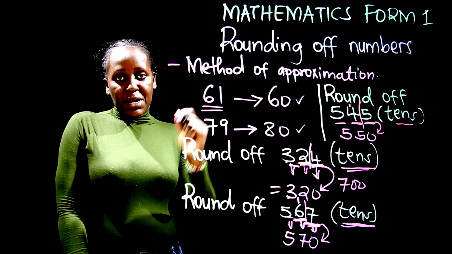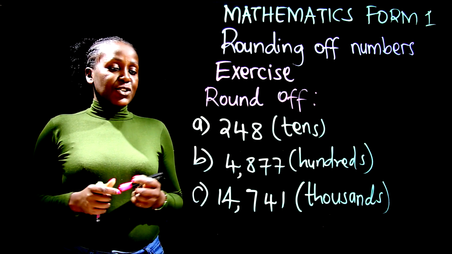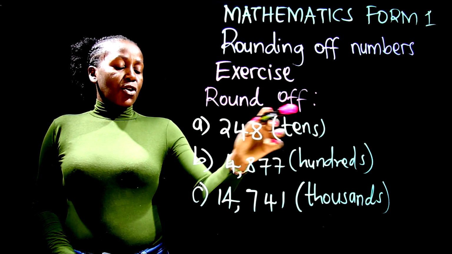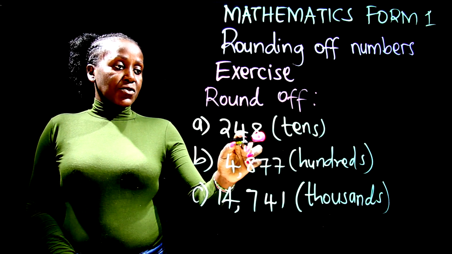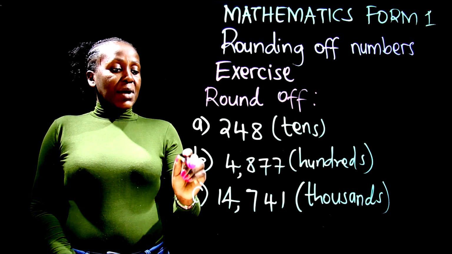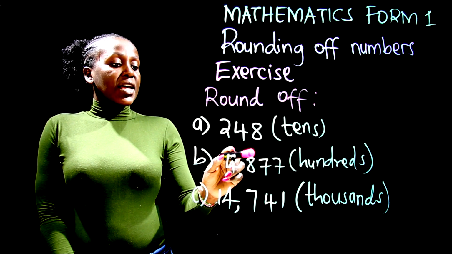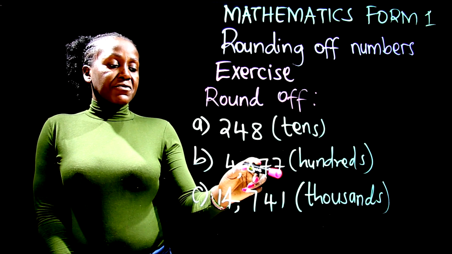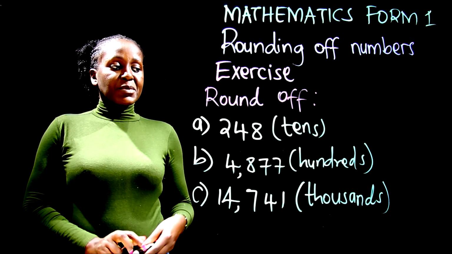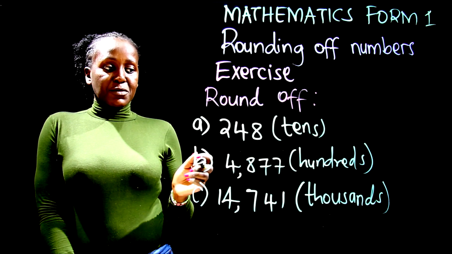Now I'll give you a few questions that you are going to do to practice on whether you can round off numbers. In the first question, round off 248 into the nearest tens. Part B, round off 4,877 into the nearest hundreds. And do not be afraid of this one. You just need to follow the same rules as before.